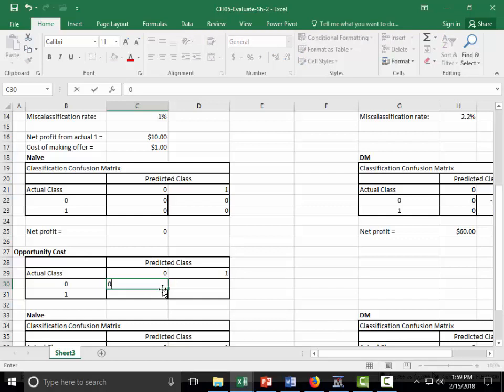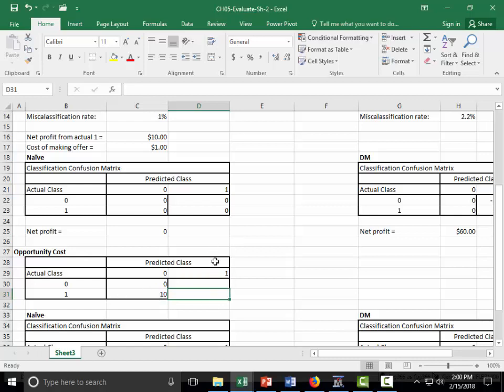You've not contacted them, you've not spent any money on them, and you have not lost the opportunity to make any profit out of them. So 0. Whereas if it is false negative, so it was 1, but you predicted them as 0, you lost $10. Remember, in the opportunity cost matrix, everything is cost. So all the numbers are positive. You cannot have a negative number in the opportunity cost matrix. Okay. So $10 loss here.